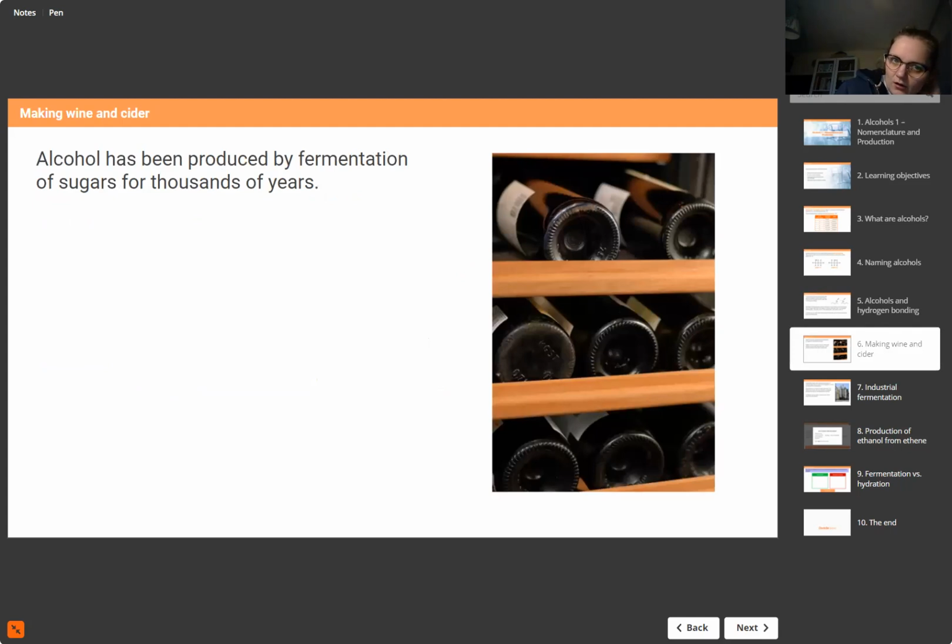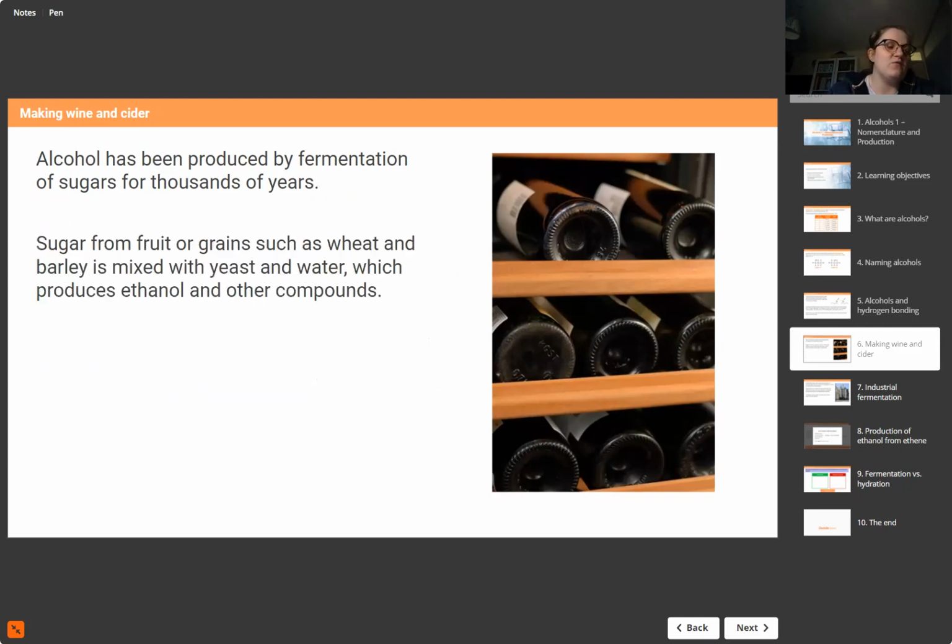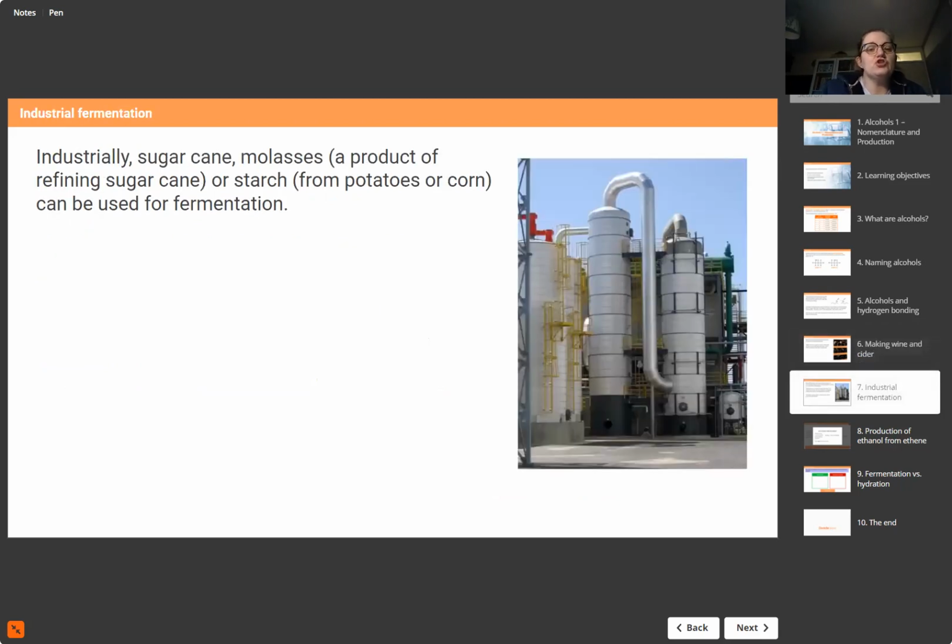Alcohols, making wine and cider. Alcohol has been produced by fermentation of sugars for thousands of years. We get sugars from fruits or grains such as wheat and barley, and we mix them with yeast and water. When this happens, we produce ethanol and other compounds. Industrially, sugarcane or molasses, which is a product of refining sugarcane, or starch from potatoes and corn, can be used for fermentation.